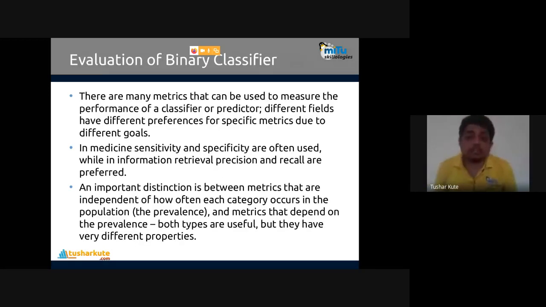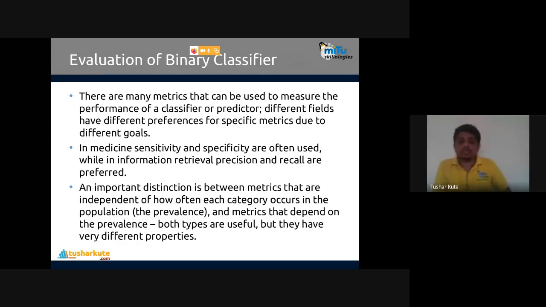Now this is important to understand and know. How do we evaluate from our practical point of view? This concept is very important. Practical number 3, evaluation of a binary classifier. This is very interesting to see, and not only binary but multi-class classifiers are also evaluated by the same method. There are various metrics used to measure the performance of a classifier or predictor.